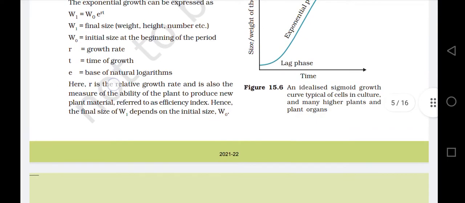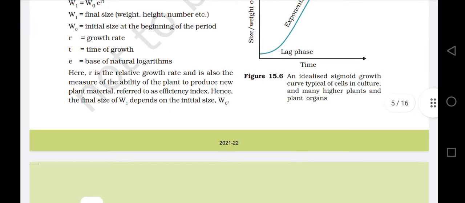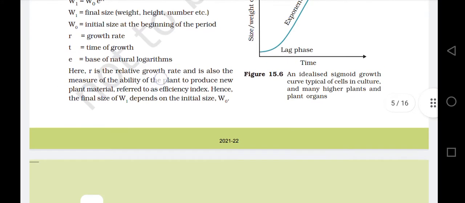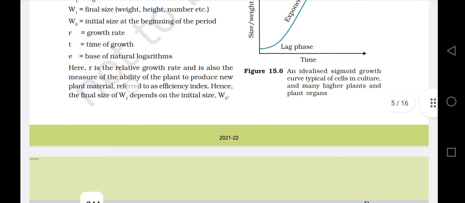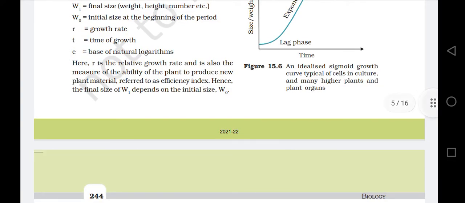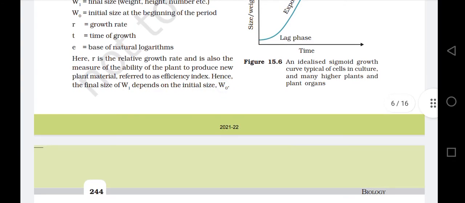Here, r is the relative growth rate and is also the measure of the ability of the plant to produce new plant material, referred to as efficiency index. Hence, the final size W1 depends on the initial size W0.